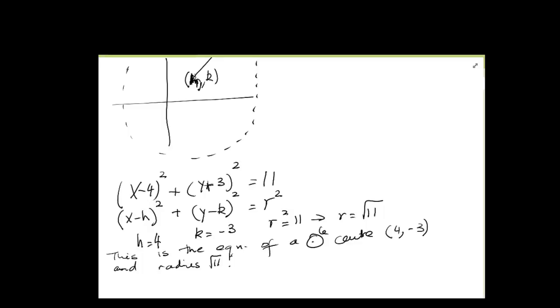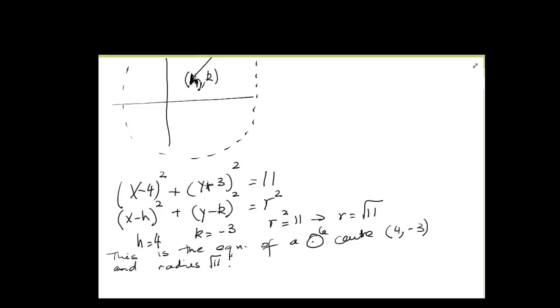And that is it for finding the equation of a circle given the center and the radius, or given an equation then you go backwards. You find the center and the radius.